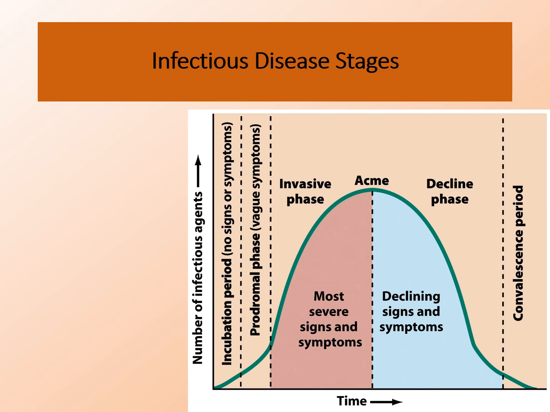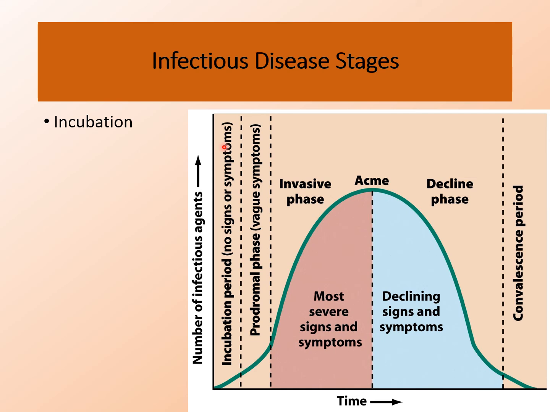Once a microbe overcomes the host's defenses and develops a disease, the following sequence of events takes place in the case of acute disease. The first stage is called the incubation period, in which there are no signs or symptoms of the disease.